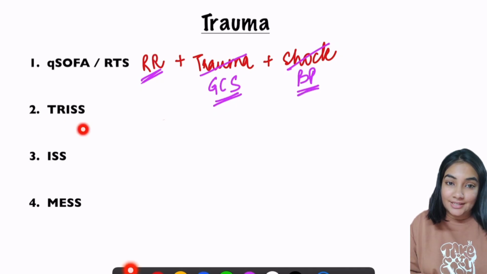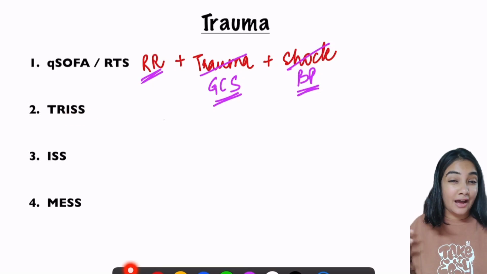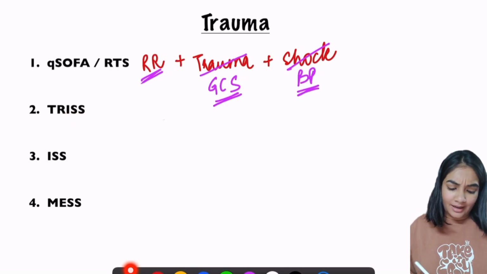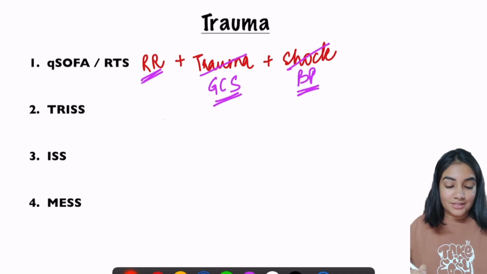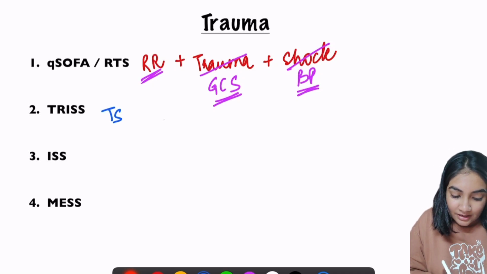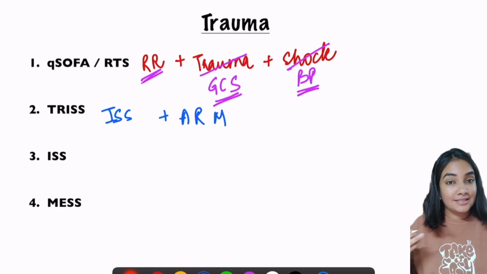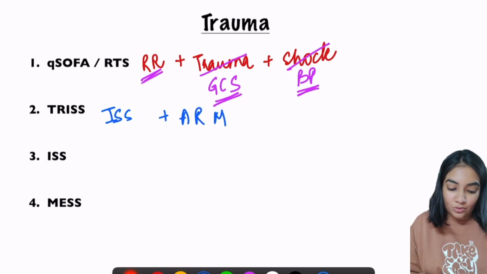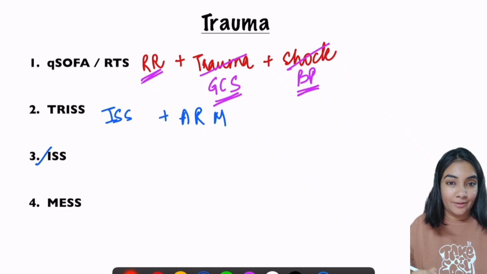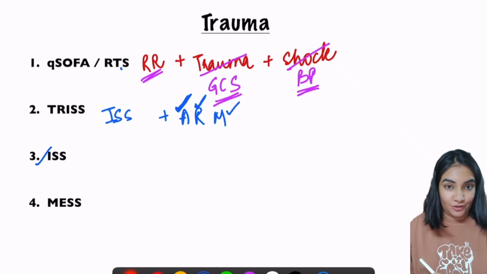Next, TRIS. TRIS sounds like an extension of ISS only, so it is an arm of ISS and that is what its components are. ISS का arm है ये, ISS arm. ISS score as it is followed by arm, that is age, the RTS score as above and mechanism of injury.